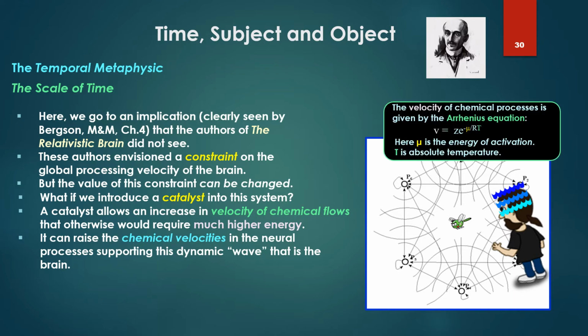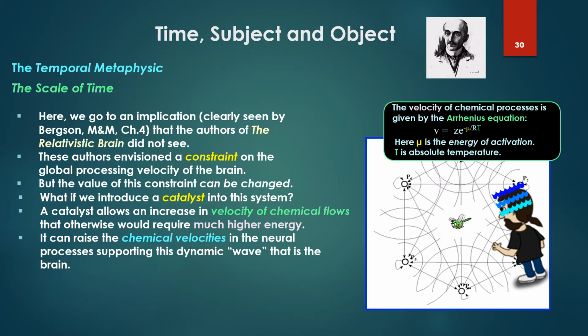The velocity of chemical flows is given by the Arrhenius equation, pictured right there, where mu is the energy of activation over and above the resting state to get a process going. T is a temperature. Even temperature change can change the chemical velocity.